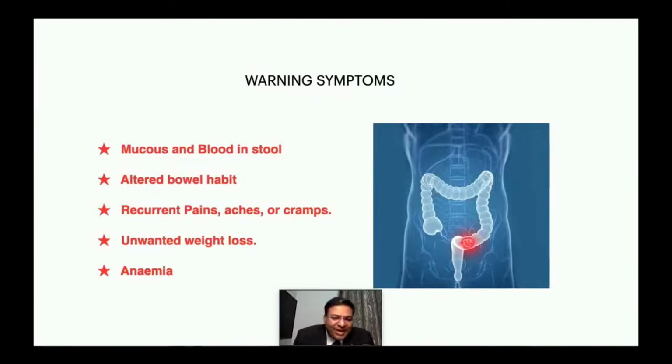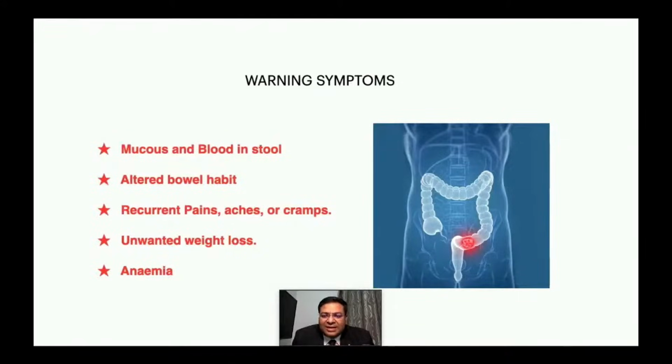Then if you have recurrent pain, aches or cramps in the abdomen, which is probably because of partial obstruction. And then if you have unwanted or unintended weight loss, that's a very important sign of not only bowel cancer, but other cancers also.